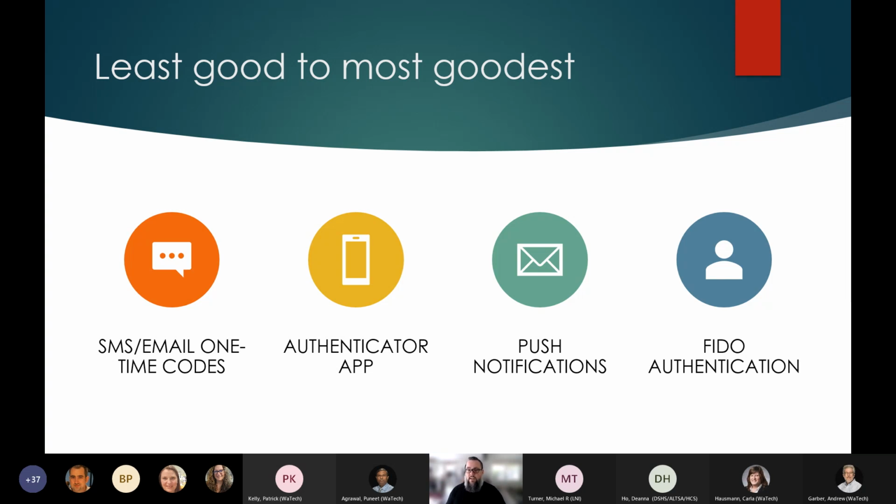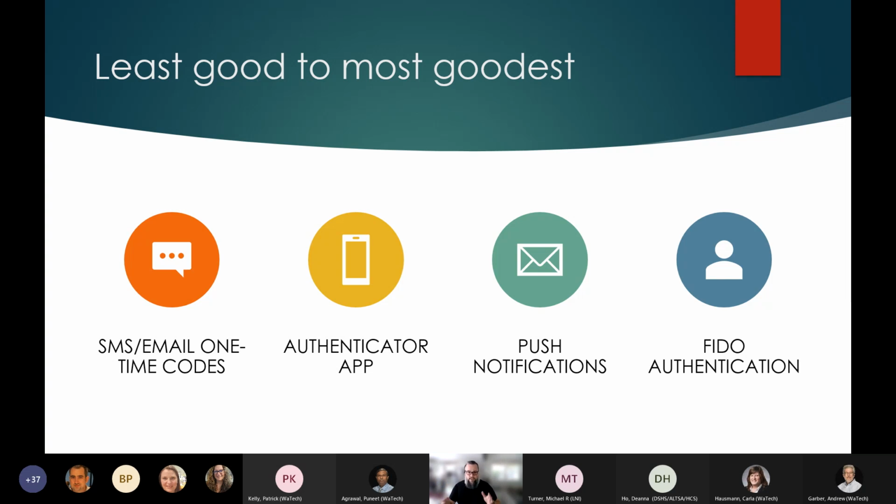You type that in, and these attacks are set up so they happen instantly. As soon as you hit it, either there's a person sitting there, or more likely it's automated. It takes the code, logs in, and sets up some sort of persistence. But again, I don't want to say don't do it. 100% go do either of those two. I use the Authenticator app for 90% of my stuff out there, honestly.